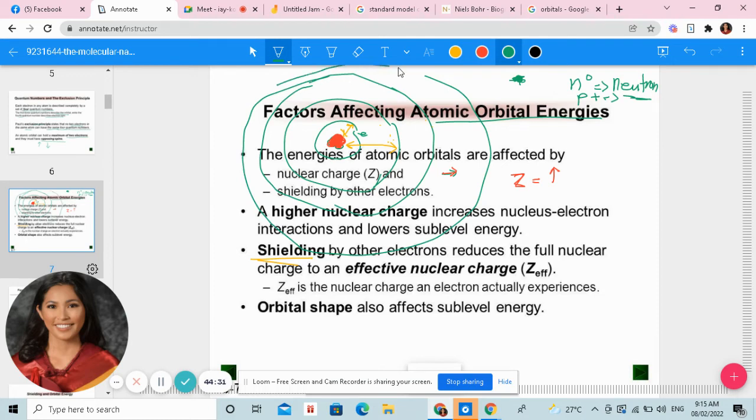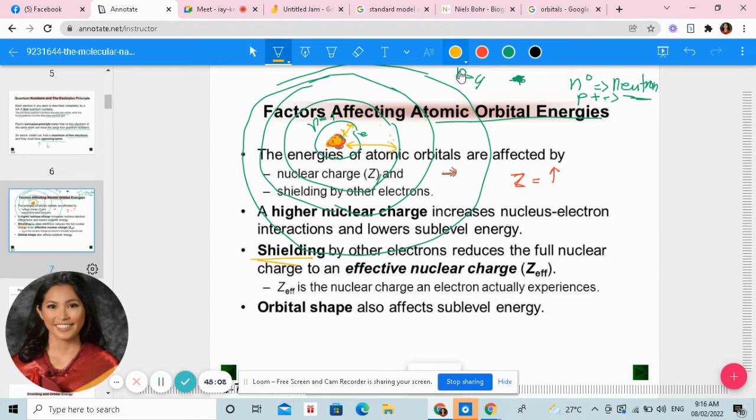When n is equal to 4, versus n is equal to 1, which is affected by shielding? N is equal to 1 or n is equal to 4? Shielding means you are covered, so you are not hit or pulled. The nucleus pulls the electron, not the neutrons.